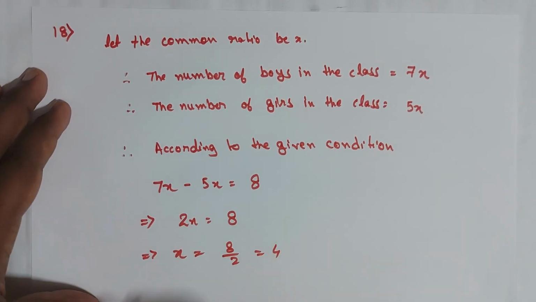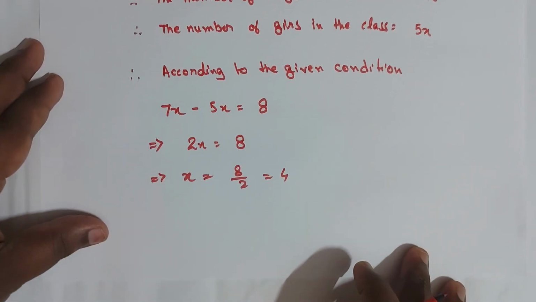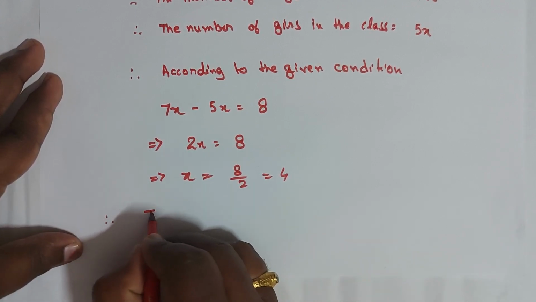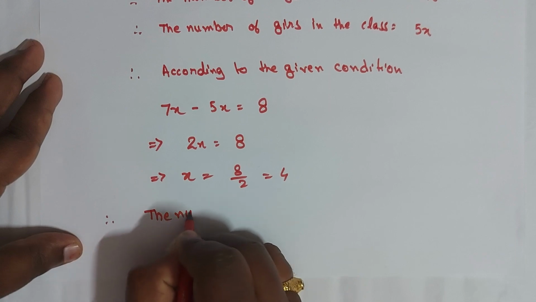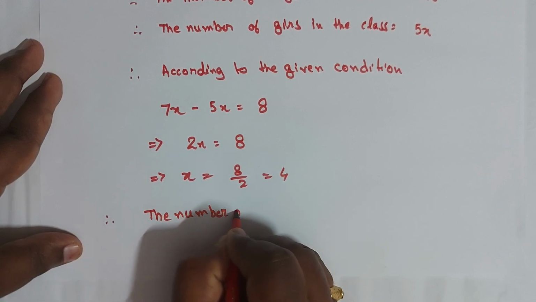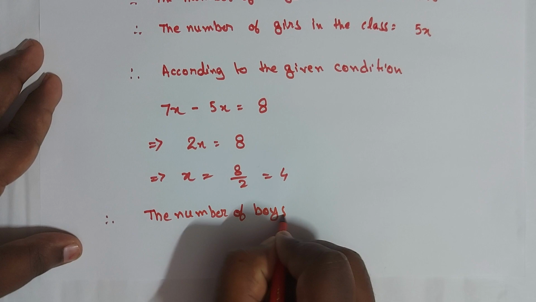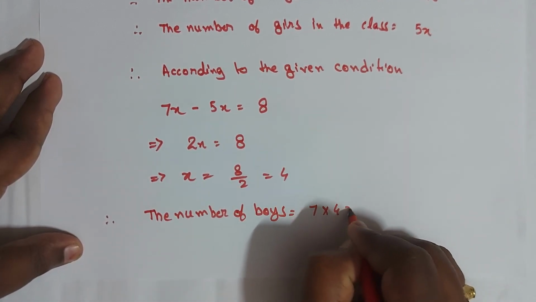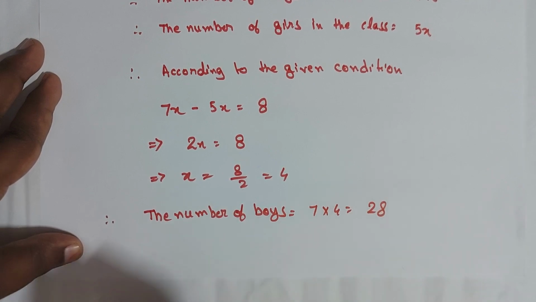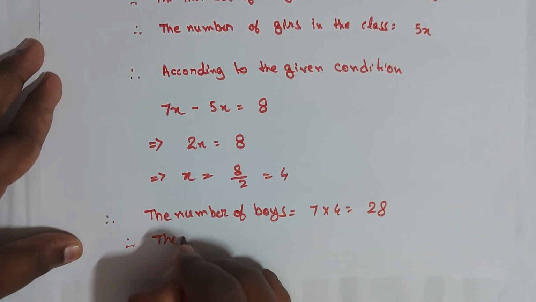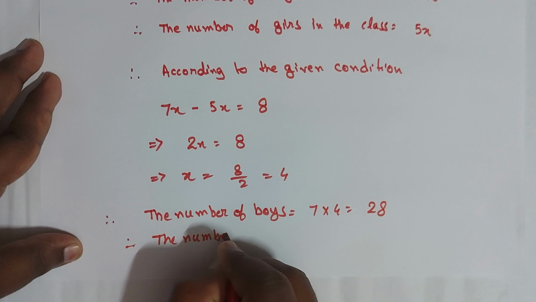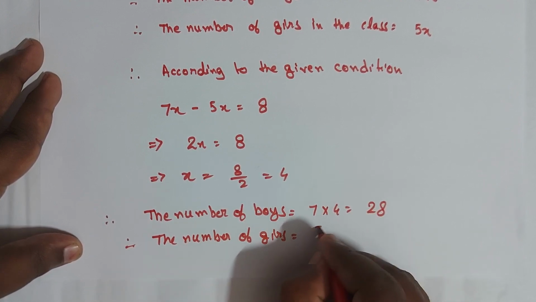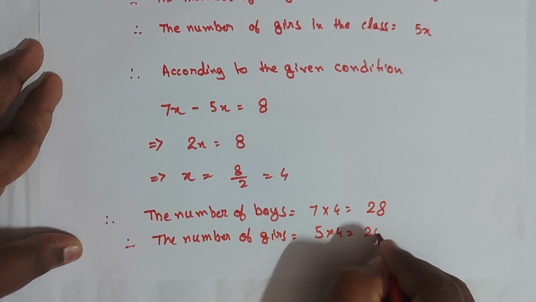So therefore the number of boys, 7x it was, so 7 into 4 equals 28, and the number of girls equals 5 into 4, this is 20.